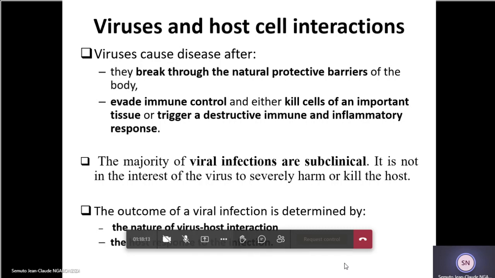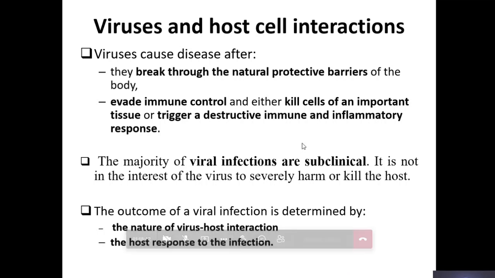And as you see, it's not in the viruses' interest to harm or kill the host. Because we saw that they have no independent life, they don't have an interest in killing the host cell. Thus, the majority of viral infections are subclinical and can be easily cleared from the host.